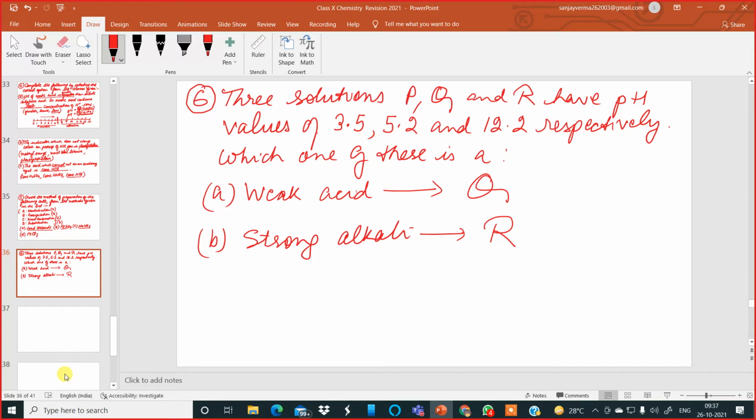Now, number 7. Write one word for this sentence. I'm writing the sentence.